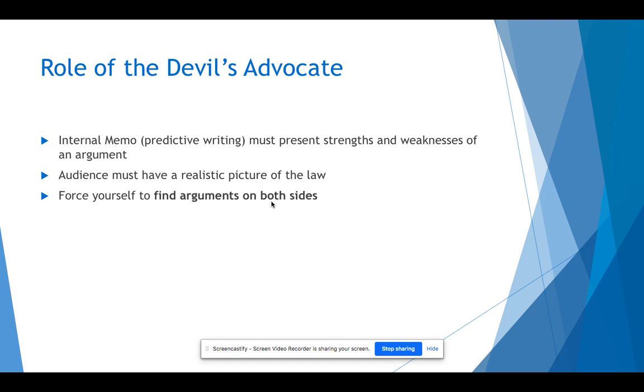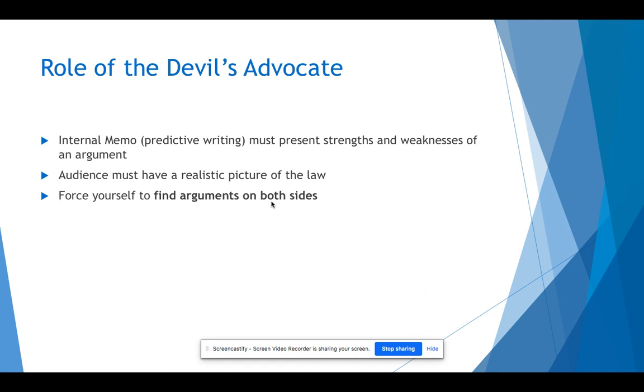Okay, so you might want to talk about this a little bit. And I think I talked about this in our last lecture, but you have to think of yourself in a predictive type writing as what we call a devil's advocate. Okay, you have to look for how the other party, the other side, might be arguing. You might have a friend who will always take somebody else's side in an argument, even if they don't believe it.